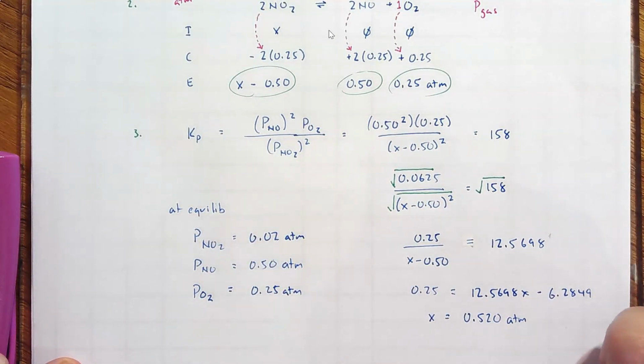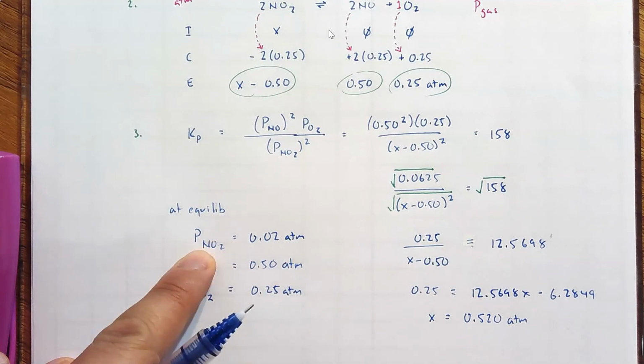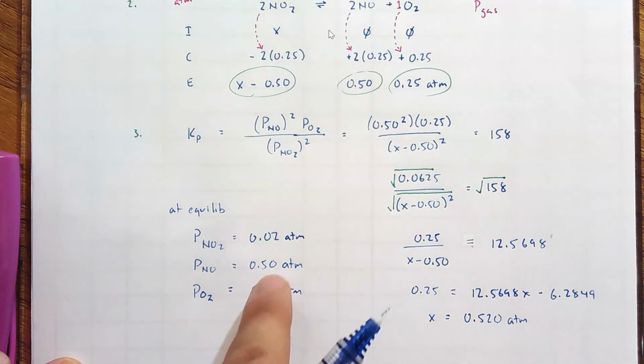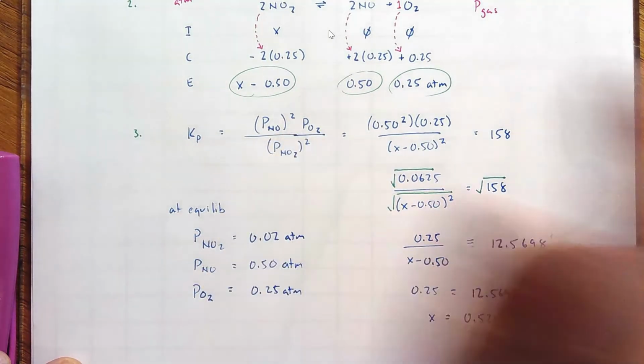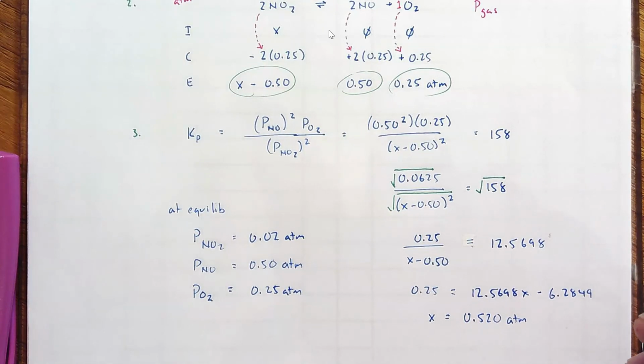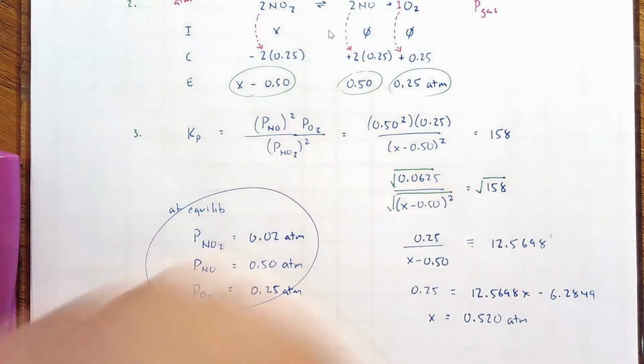You could always double check: plug in this partial pressure over here and these two up here, and check if it equals 158. I did this previously, and my answers look good to me. Circle.